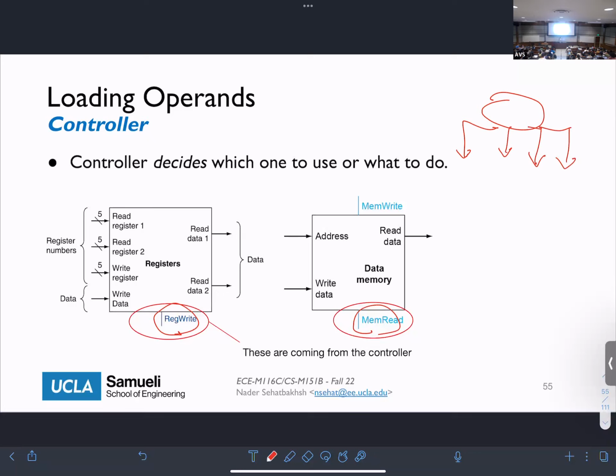To distinguish between the wires in our data path and the inputs and outputs from the controller, we typically show them in blue. So whenever you see something shown in blue in our slides and figures, it means it's coming from the controller. Okay, so we're going to get into these control signals. For example, for data memory, we have two very important control signals, memread and memwrite. So let's go into how we create them and what the role of each one is. Any questions so far?